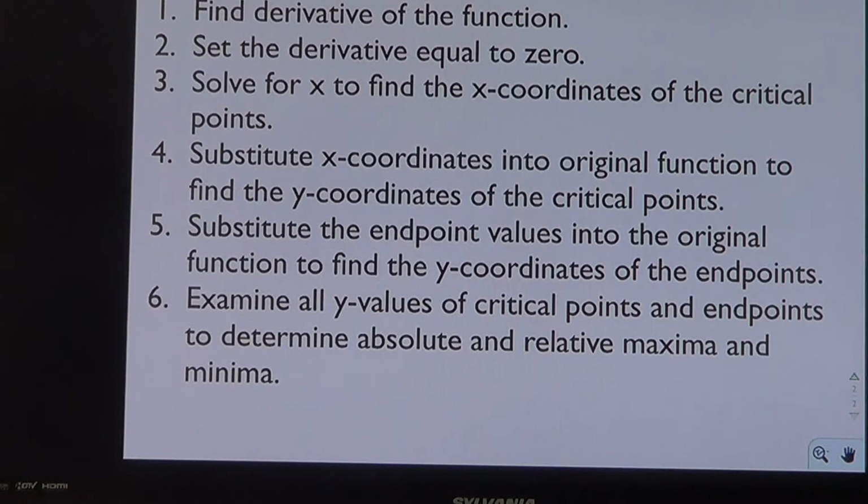But to find the extrema, we're first going to find the derivative of the function. Then we will set the derivative equal to 0, and then you will solve for x to find the x coordinates of the critical points.